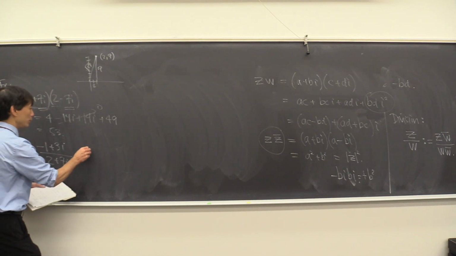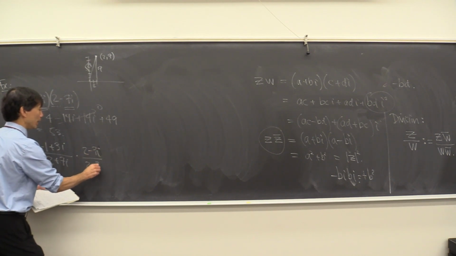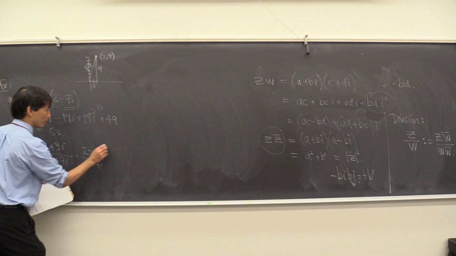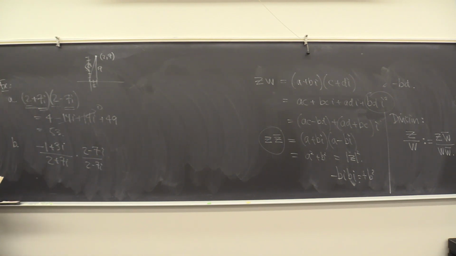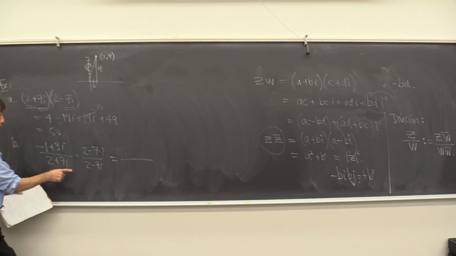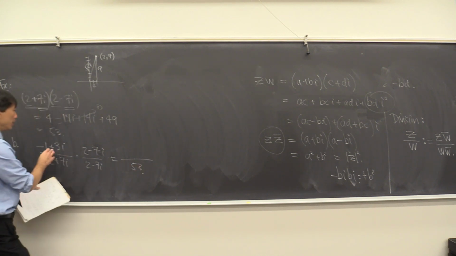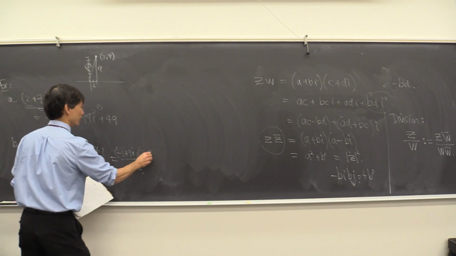So you get 2 minus 7i over 2 minus 7i. We know what we're going to get on the bottom, we just worked that out. That's 53 on the bottom. And then on the top, we've got negative 1 plus 3i times 2 minus 7i.